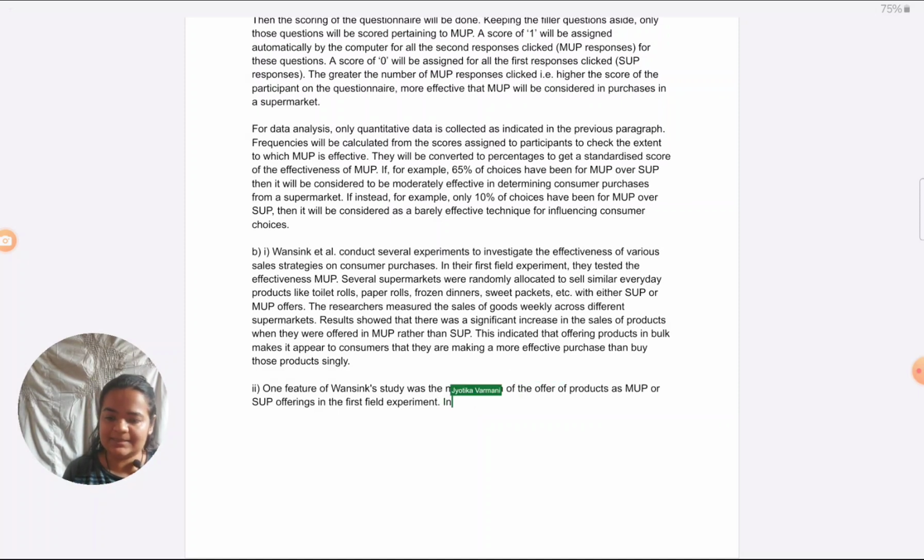in the design study, the target questions relating to MUP always had 2 options.